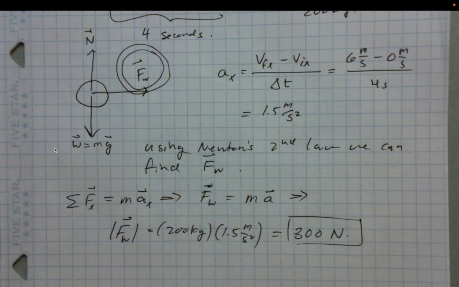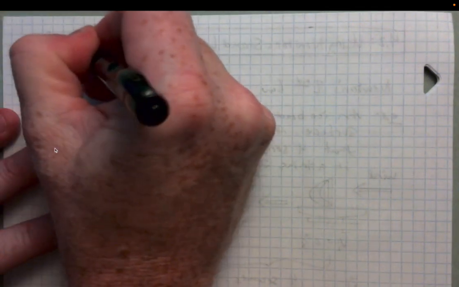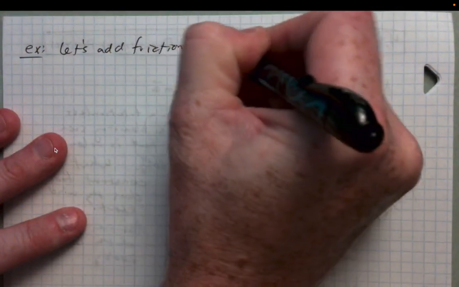All right. So in this example, we didn't assume any friction force. What if we add friction to the problem? So for the next example, let's piggyback off of this. Let's add friction to the previous problem.